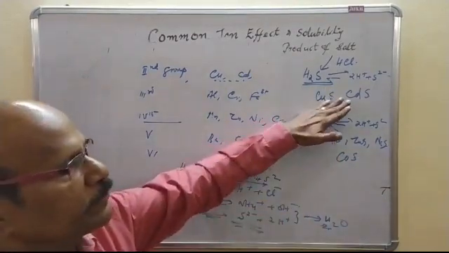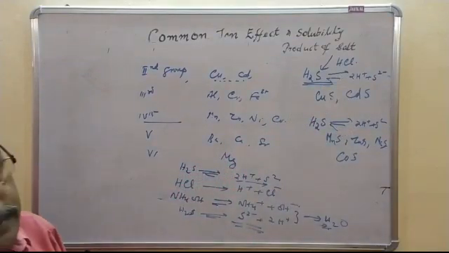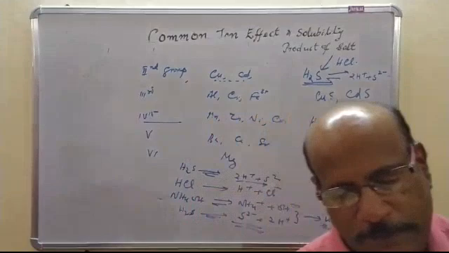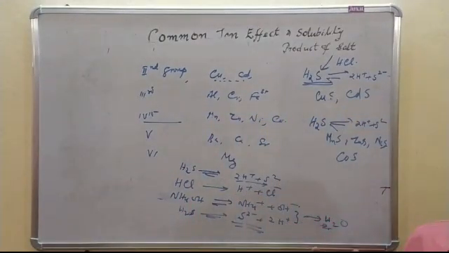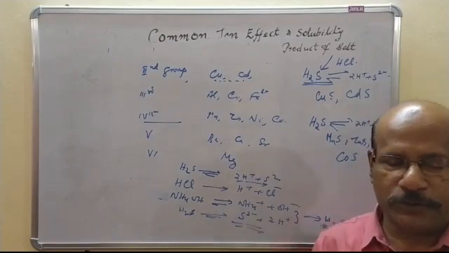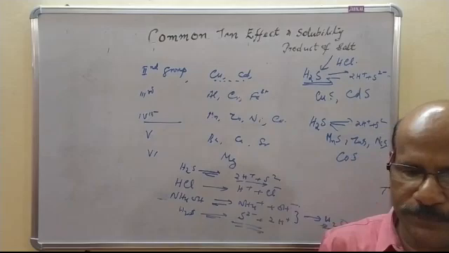For that, we supply only a small amount of sulfide ion, so that the product of the ionic concentrations of copper and sulfide exceeds the solubility product of CuS only, because it is generally a low value.